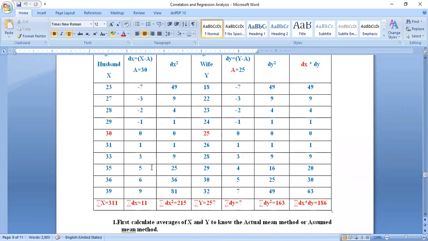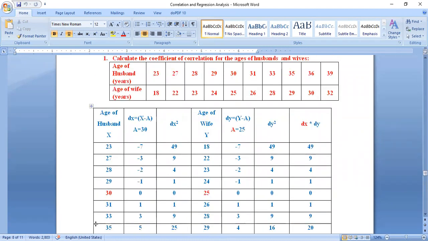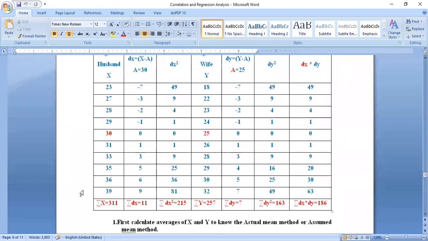So here the calculation: sigma x is 311, divided by how many variables are there? 1, 2, 3, 4, 5, 6, 7, 8, 9, 10. Ten variables are there, so 311 divided by 10 gives 31.1.